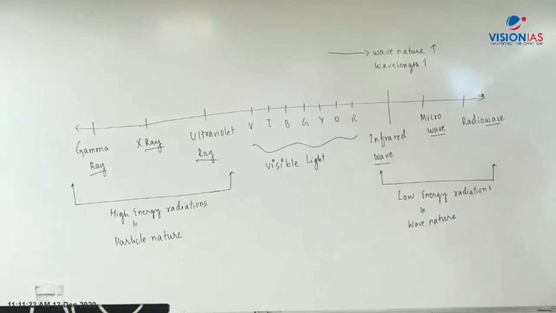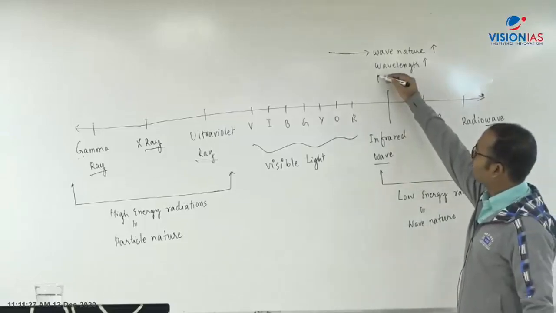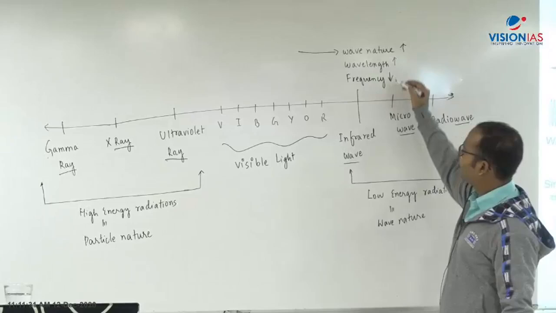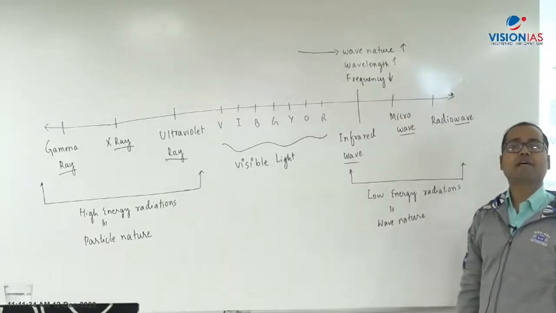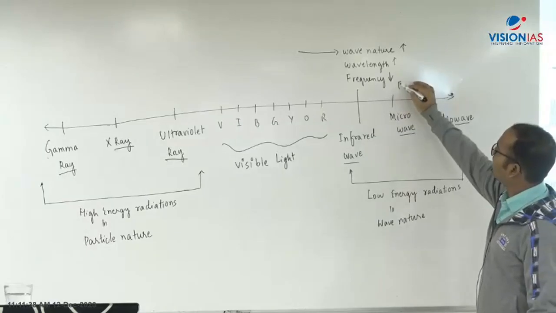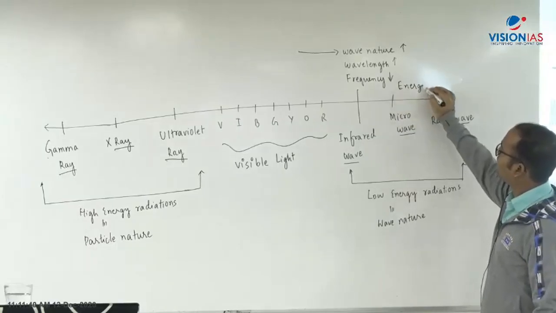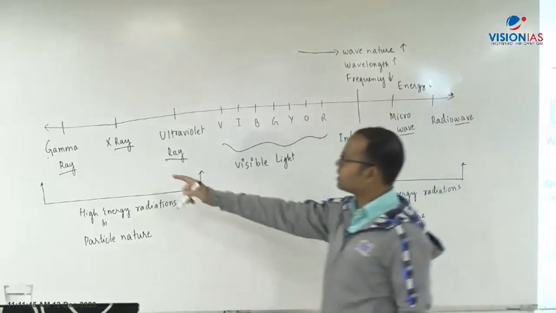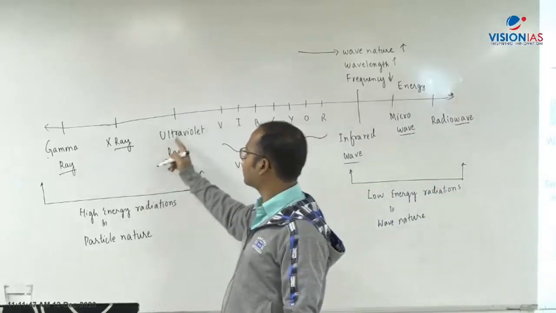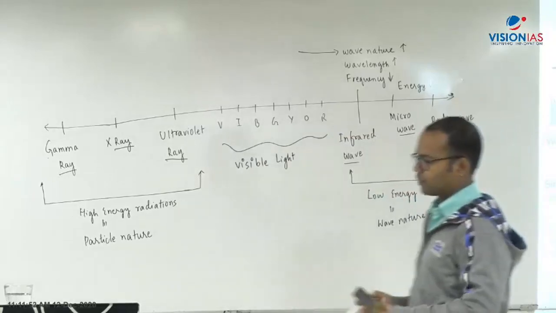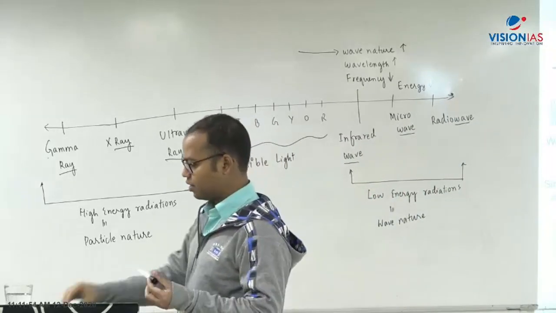If wavelength is increasing, you can clearly say frequency is declining. Wavelength and frequency have an inverse relation. And if frequency is declining, you can also say energy is declining. High frequency means high energy. So these radiations, gamma, X, ultraviolet, are high frequency radiations, and hence high energy radiations.